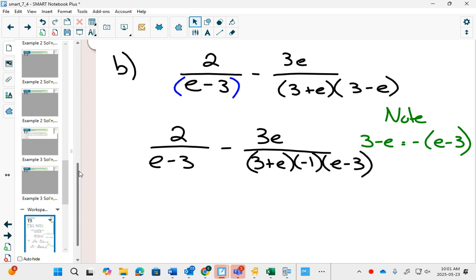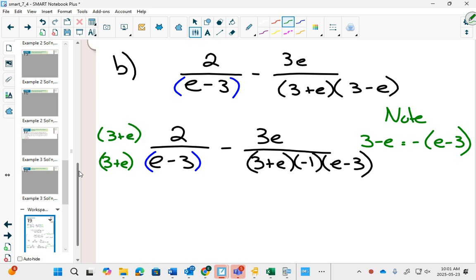If you want a common denominator, this of course is grouped together. Do you notice in the first one that you are missing a 3 plus e? Agreed? So I'll need to multiply top and bottom by 3 plus e.